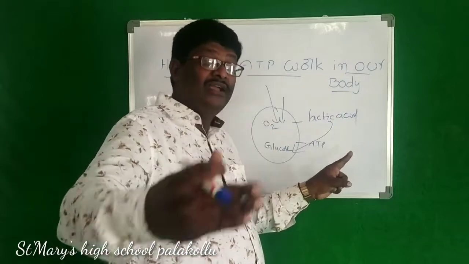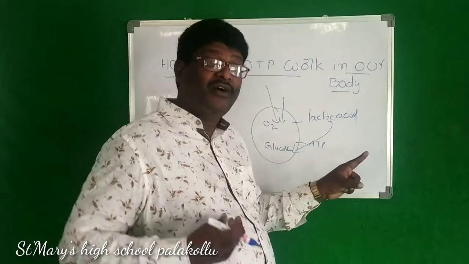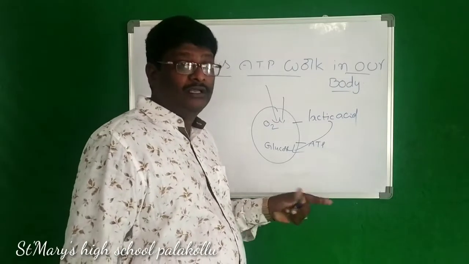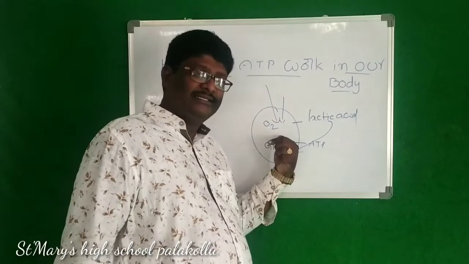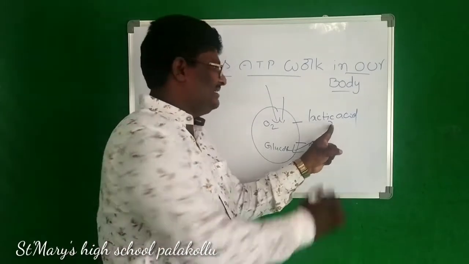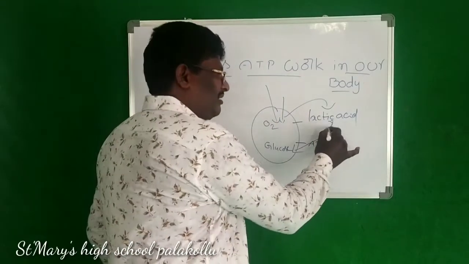after completion of exercise or running, when we are taking too much oxygen into our body, and the sufficient oxygen is available to the cells, again this lactic acid is converted into glucose.